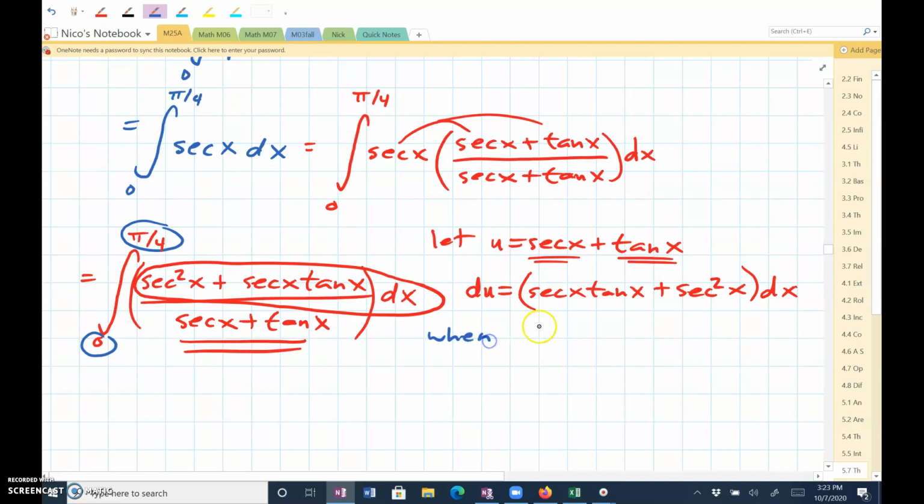So when x equals 0, u equals secant of 0 plus tangent of 0. So tangent of 0 is 0. Secant of 0 is 1. So that's going to be 1.